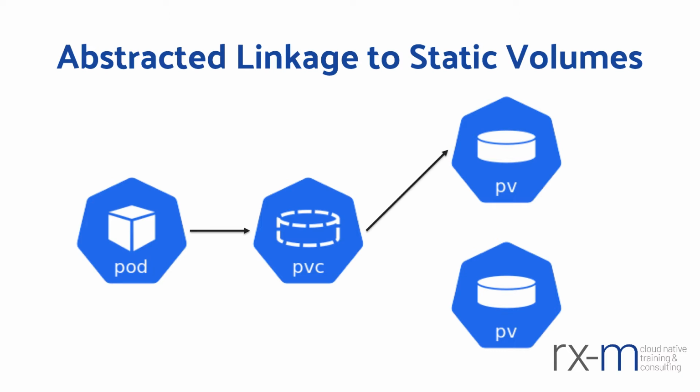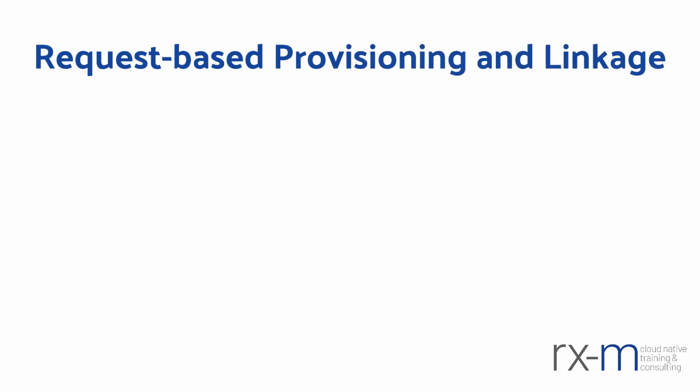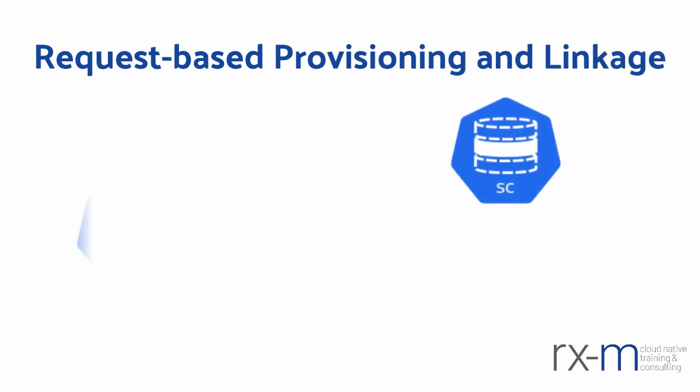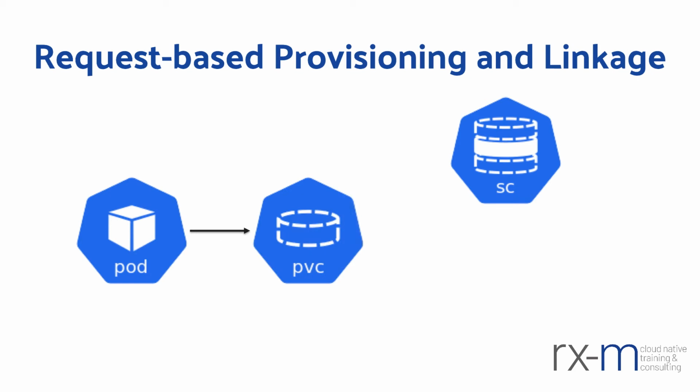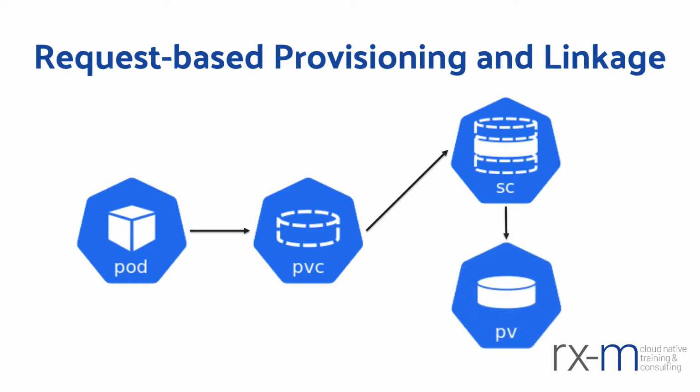And then have this abstraction, known as a PVC, a persistent volume claim, map to a specific persistent volume. And so PVCs are a way to decouple the storage needs of a pod from the actual realization of the storage. And that's what we'll end up looking at in this first demonstration.